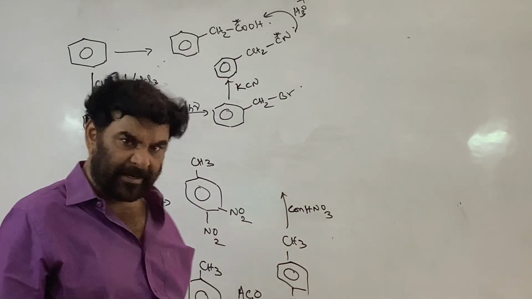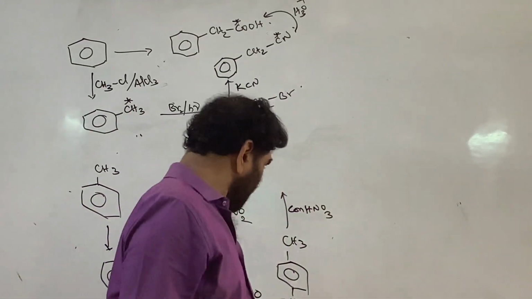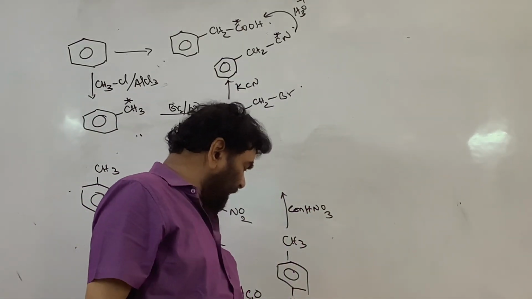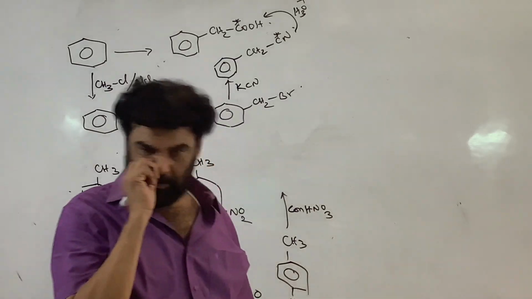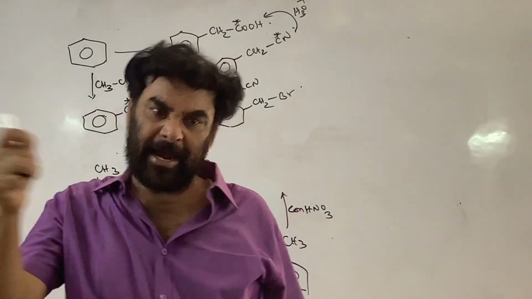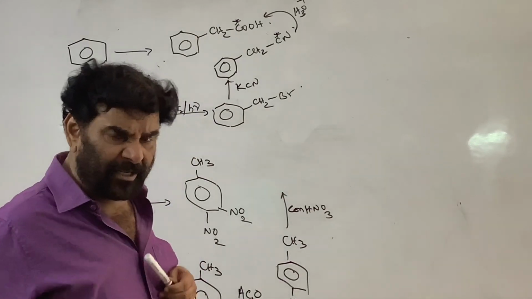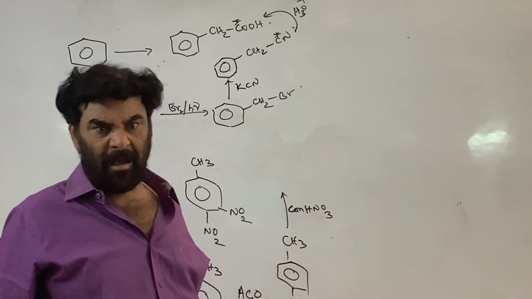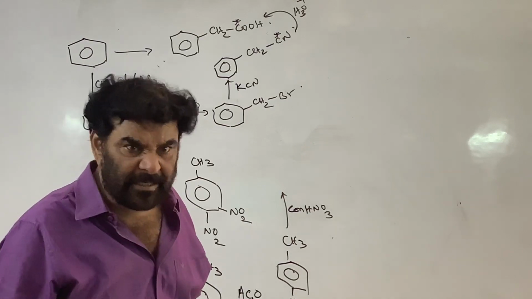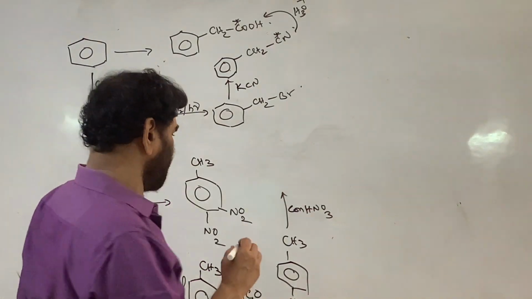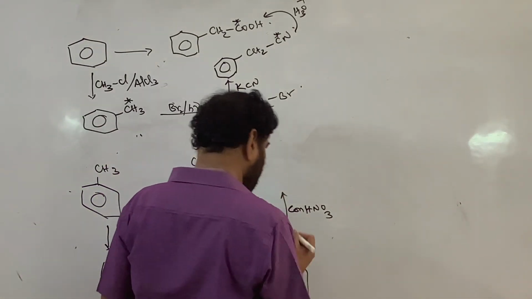This methyl is a ring activator. This is called the acetamido group, acetyl group with amide. From acetamide, one hydrogen is removed. The methyl group, an alkyl group, has ring activating tendency due to hyperconjugation, and this is due to resonance.